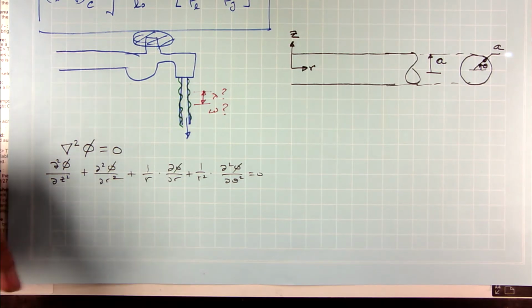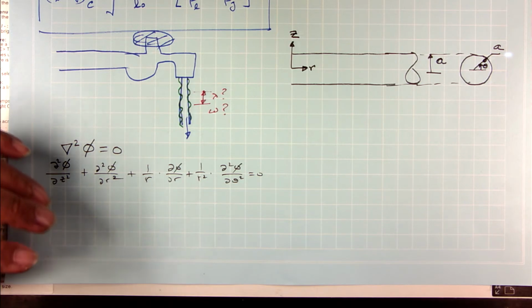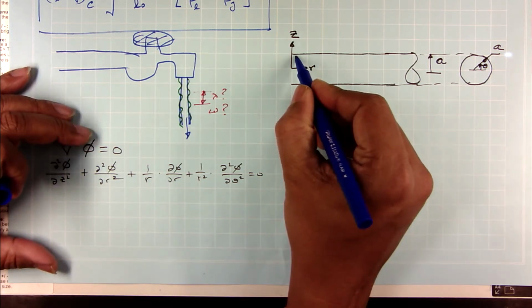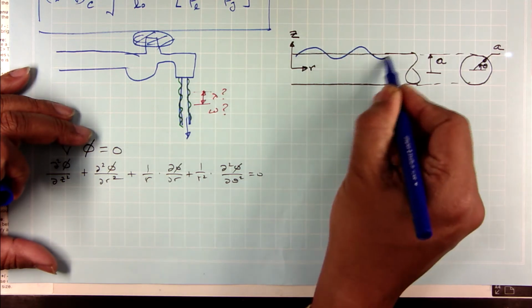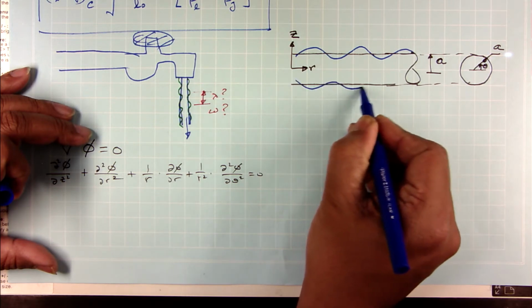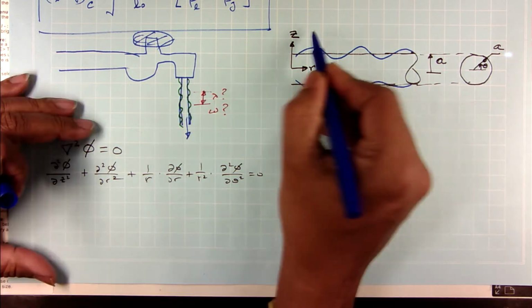Now, if this jet were to develop some kind of instability, I would have the instability on the jet look like this, right. And so, this would be the lambda.